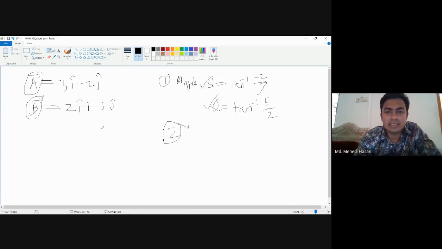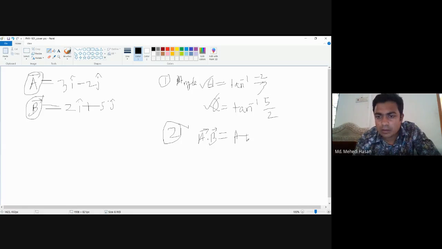In this case there is no coordinate involved. You have to just find out the angle using this formula: A dot B, the dot product of these two vectors, equal to AB cos theta.